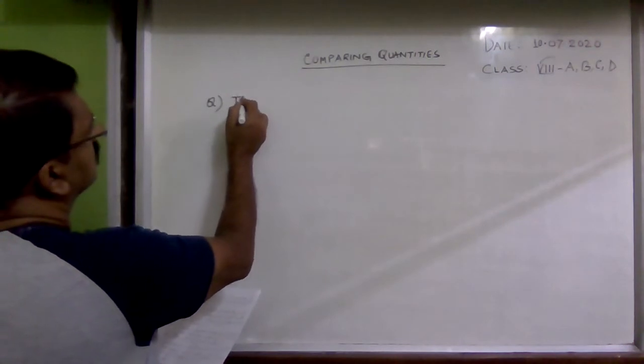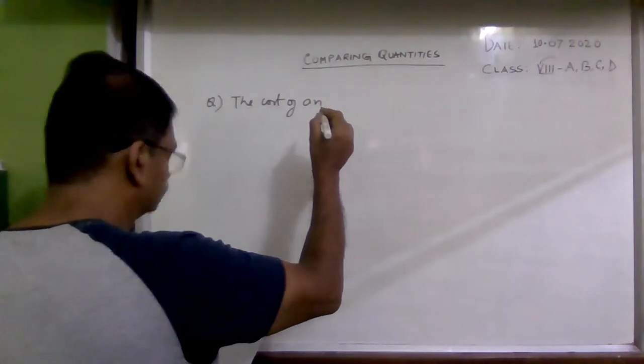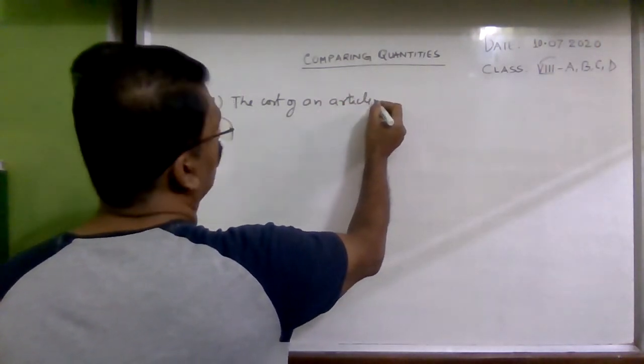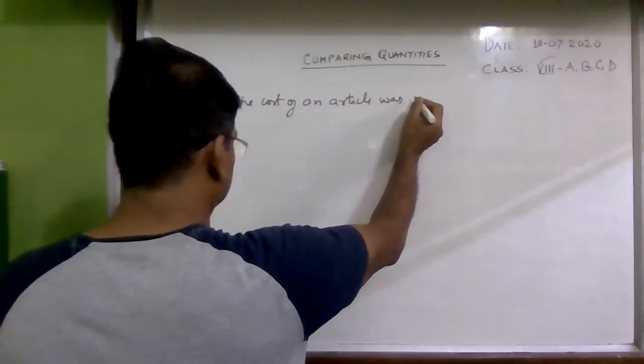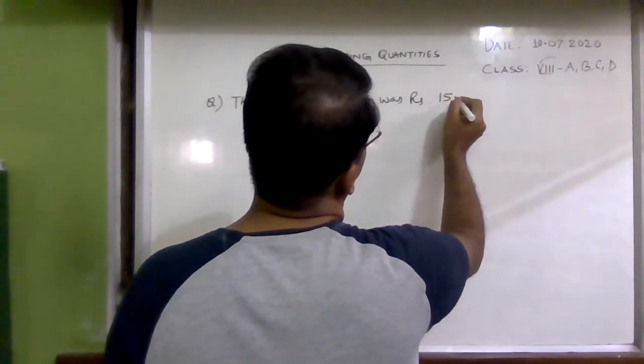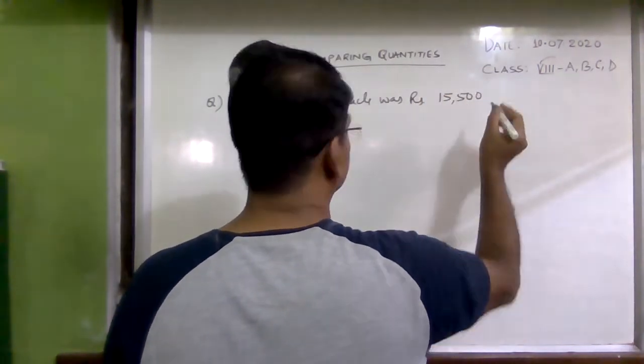The cost of an article was rupees 15,500.